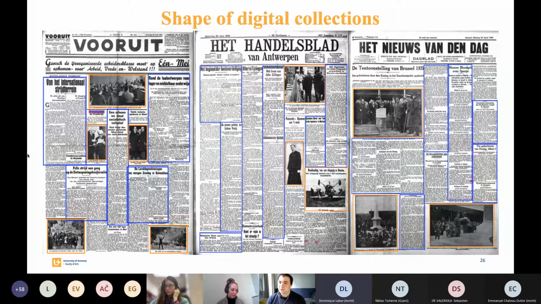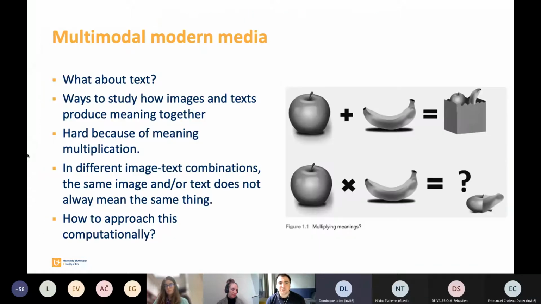So I think we should see that all these different images are in fact part of multimodal objects, so objects that consist of both text and image. So this points me to the theory of multimodality, right? That in fact most representation in modernity is multimodal, so consists of multiple modalities at the same time.